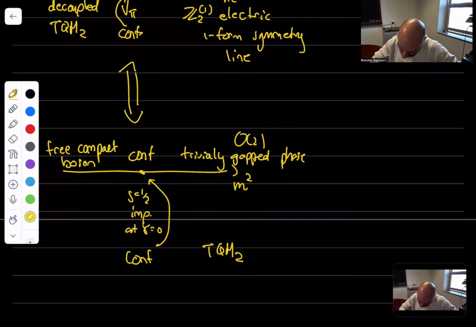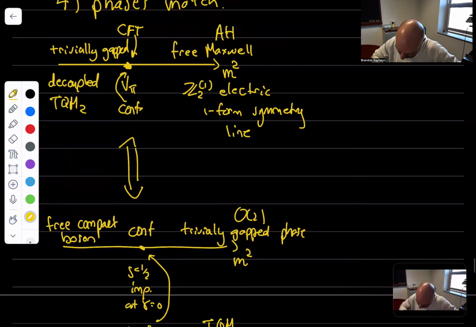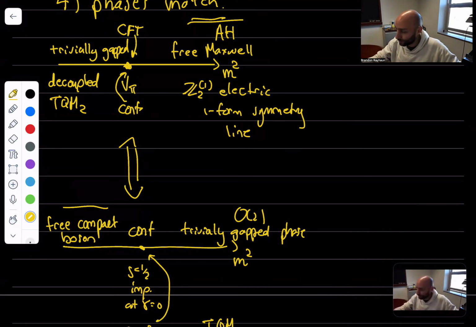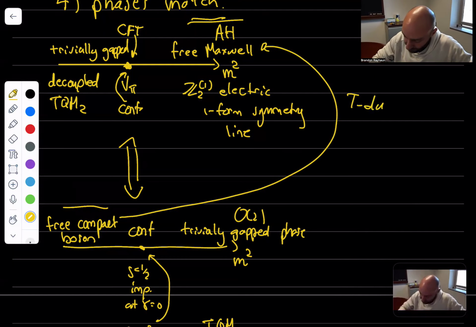And in this compact boson phase, so sorry, I should have said, you might look at this and think, oh, these phases don't match even in the bulk. But it's known, for example, that by a generalization of T-duality to 3 dimensions, the free compact boson in 3 dimensions is T-dual to free Maxwell theory. So these are actually the same theories.